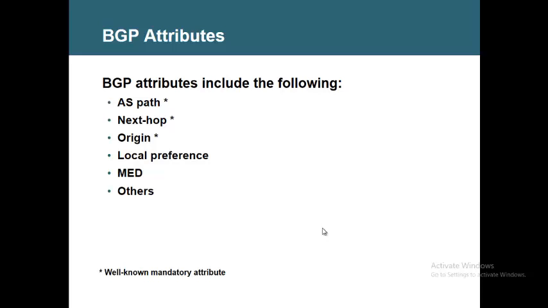Whereas local preference and MED and all, even if you don't configure, it is okay, because there is going to be a default value. For example, the default local preference value is 100. The default MED value is 0. We'll talk about local preference and MED in detail.